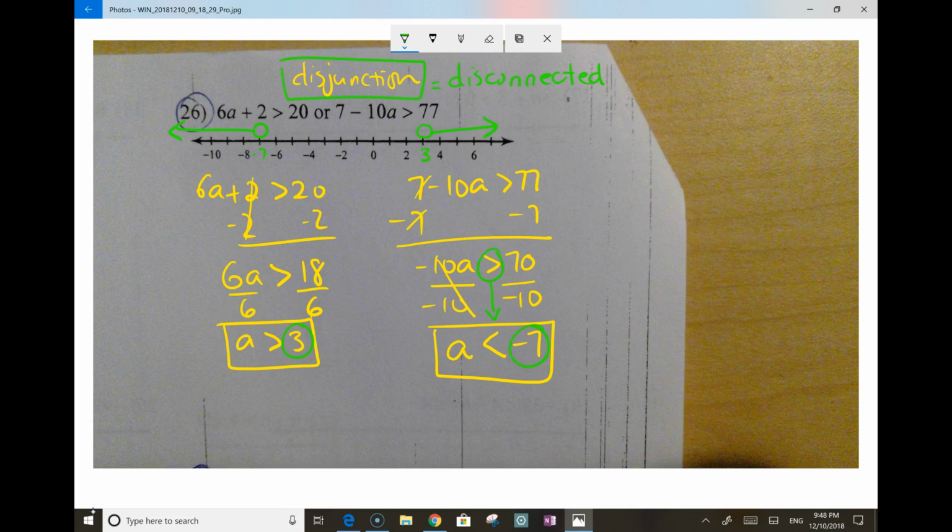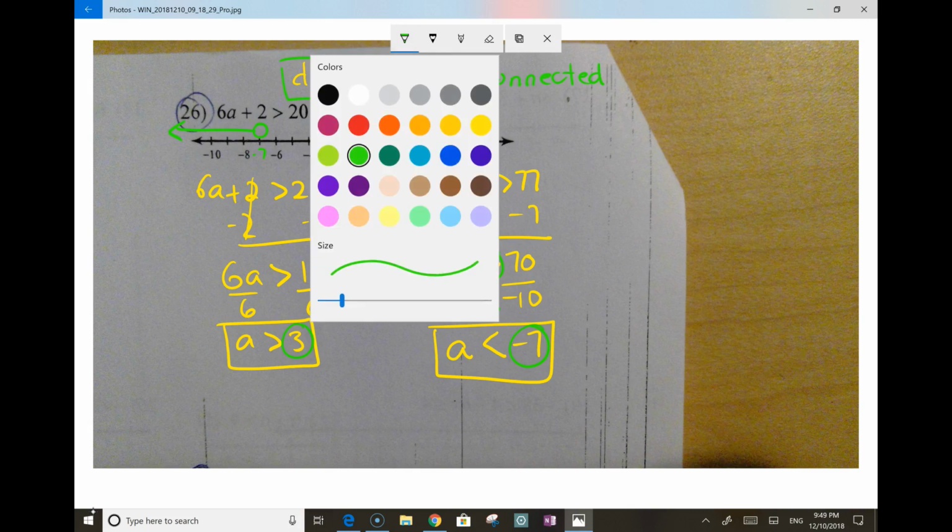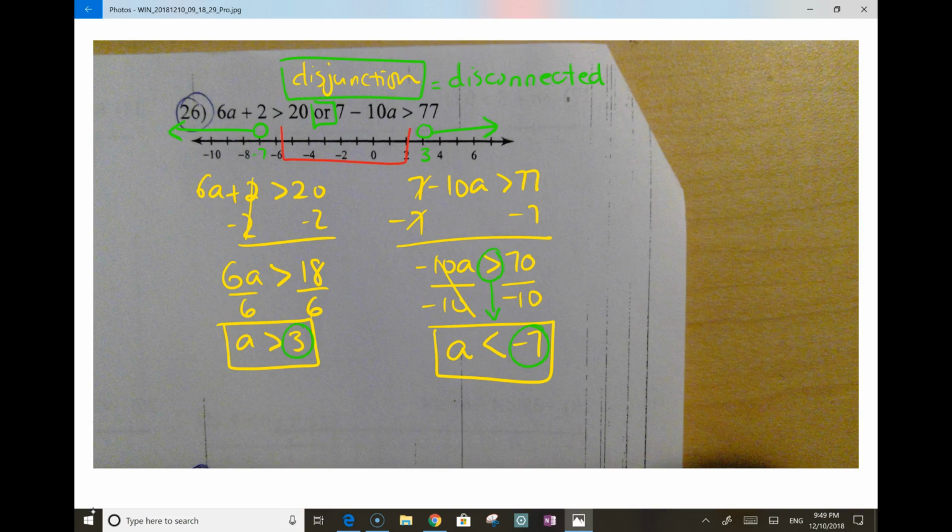And that also accounts for why you have the word or here, because if you want to choose a value for a that satisfies these inequalities, you must go in either the right direction or the left direction to choose your values. Nothing within this space here will work. This is out of bounds. It's off limits. So if you take something from there and you try it on either inequality, it will fail. And that's why you have this option of going right or left. Okay, let's move on to the next one.